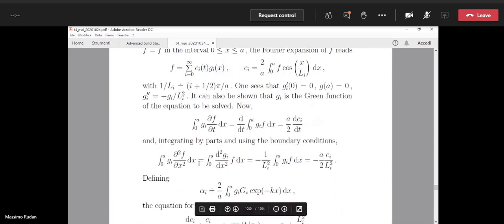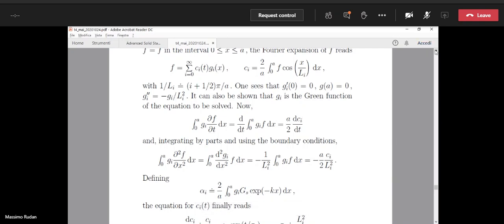And we do it by parts. When we do it by parts, we obtain the second derivative of g, of course. So it turns out to be this: minus a over 2 times c_i divided by the square of L_i.